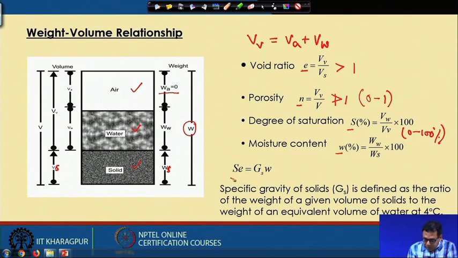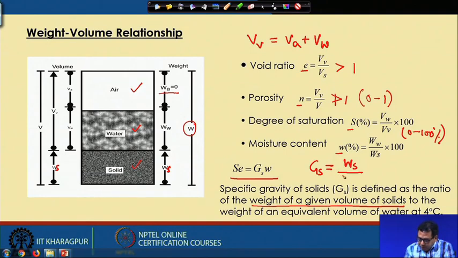So, one very important relationship is that S e equal to G_s into w, where G_s is the specific gravity of the solid. So, which is defined as the ratio of the weight of a given volume of solid to the weight of an equivalent volume of water at 4 degree centigrade. So, we can write that G_s, as per the definition, is the ratio of weight of a given volume of solid, so that weight is say W_s, divided by the weight of an equivalent volume of water.